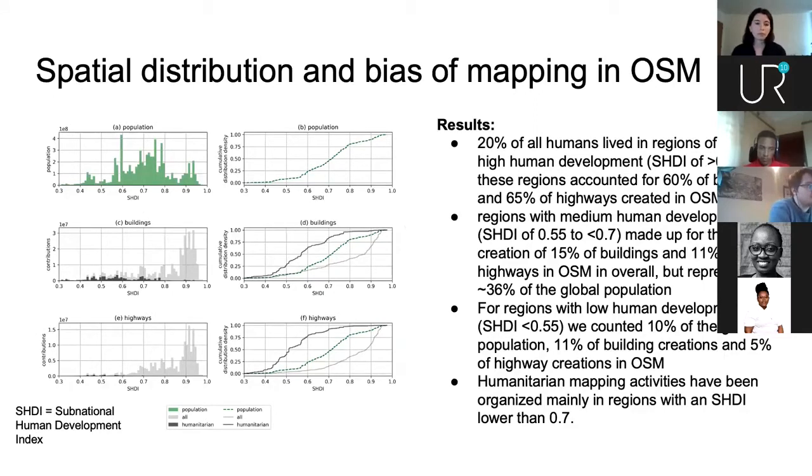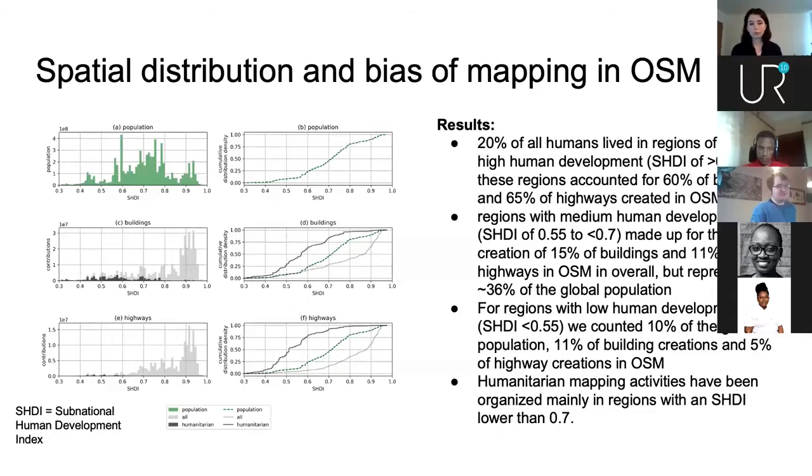And now compare this to the OSM data distribution. Where has mapping happened? And you see a clear mismatch. You see that 20% of the humans live in the regions with what's called very high human development, but 60% or 65% of the data is created there.